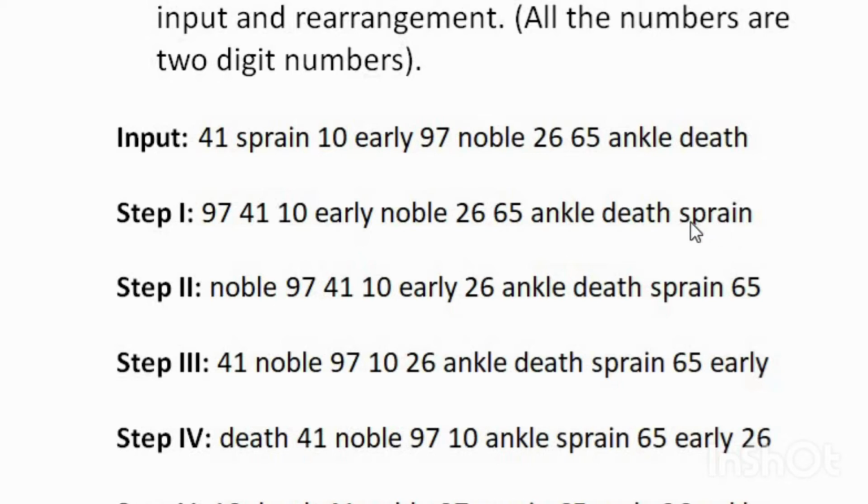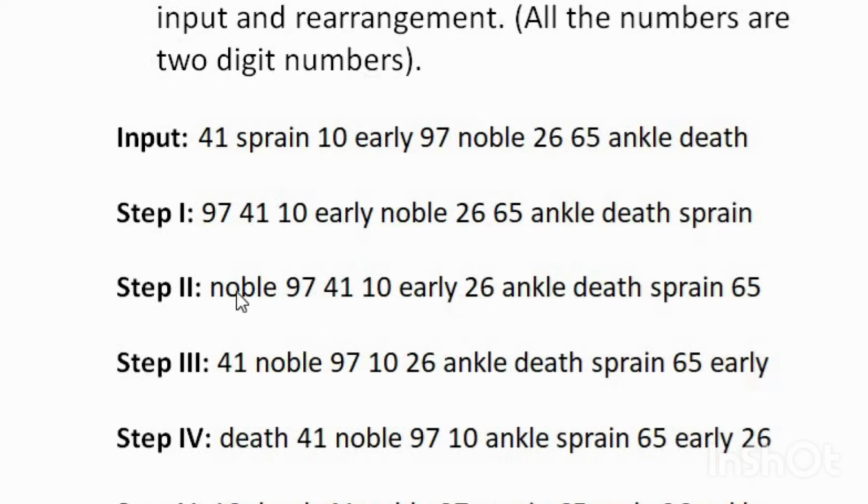According to the English alphabet, the last letter is S among these: angle starting with A, death starting with D, noble starting with N, early starting with E, and sprain starting with S. So the last alphabet according to the English alphabetical order is S. So they have written sprain on the right hand side.